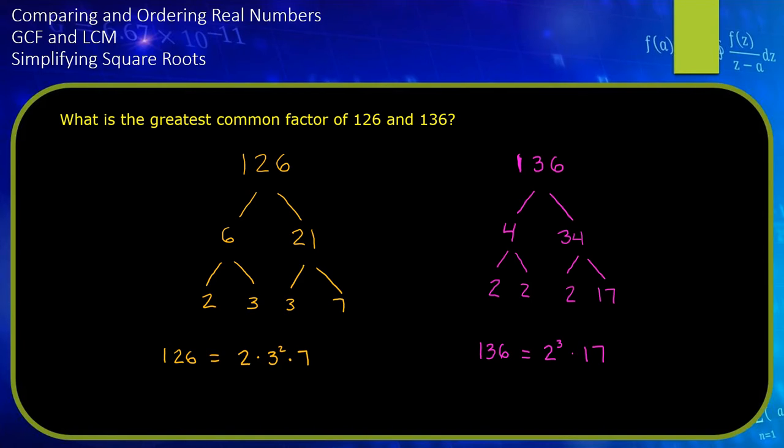The 3's and the 7 in 126, and the 17 in 136, they're not in common. They both have 2's, and basically the highest power of 2 that both of them have, which means I'm looking for the lowest power of 2 between the two, is just 2. So for this particular problem, the greatest common factor would be 2.